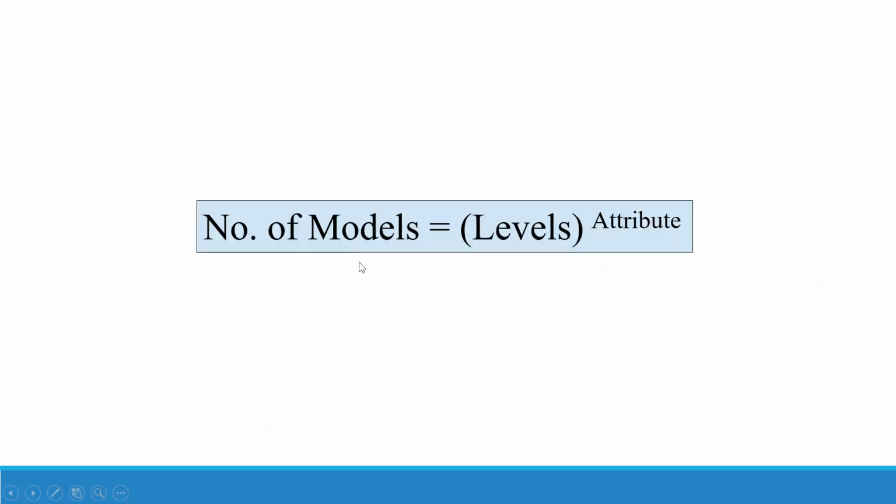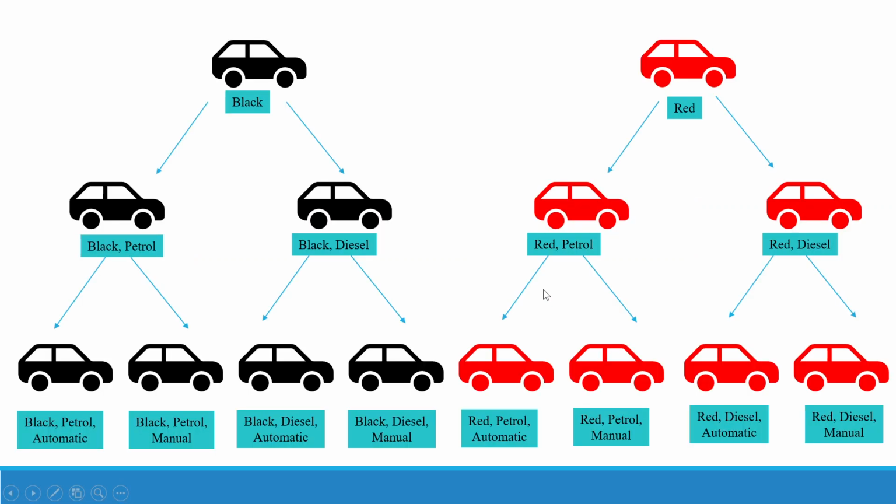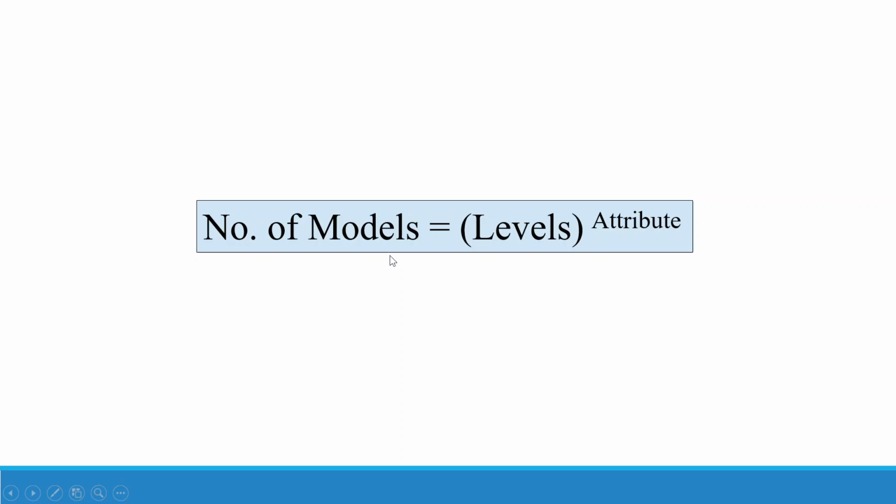So the number of models of the car is equal to levels raised to attributes. How many levels are there? For each attribute, the levels are 2: black, red, 2 levels; petrol, diesel, 2 levels for fuel; for transmission, automatic, manual, levels are only 2. So levels 2, attributes 3.